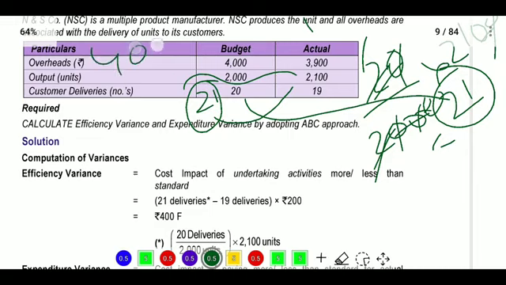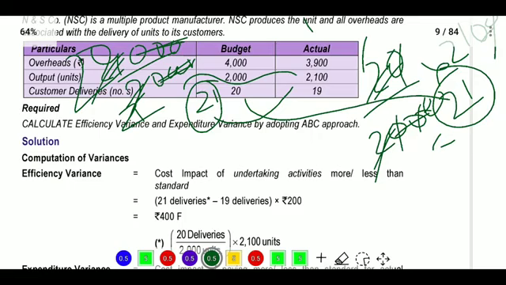Overhead expenditure 4000 divided by 2000 gives the budgeted expenditure. Okay, we will see here.